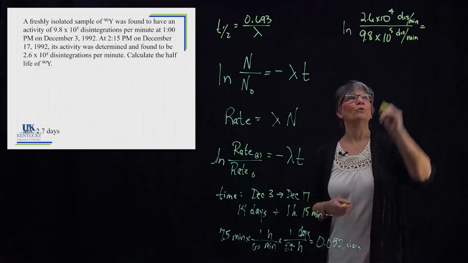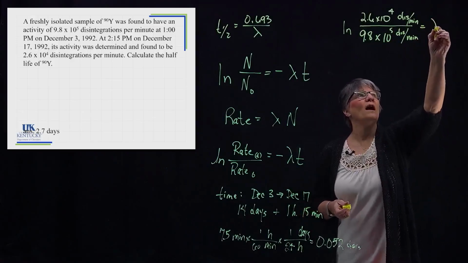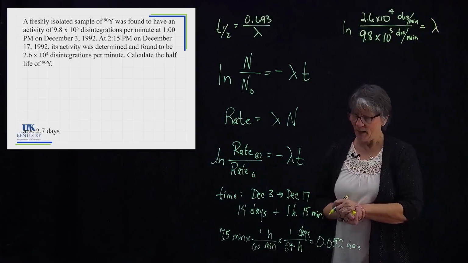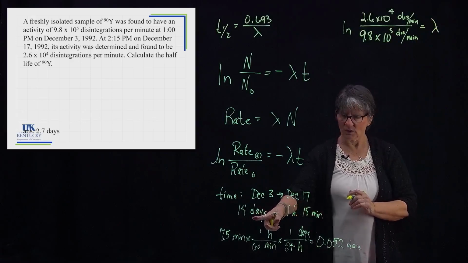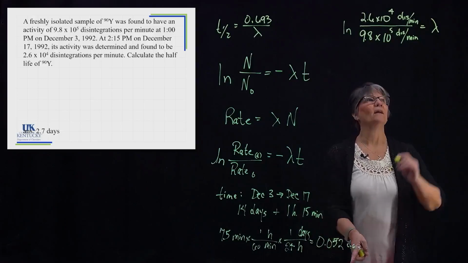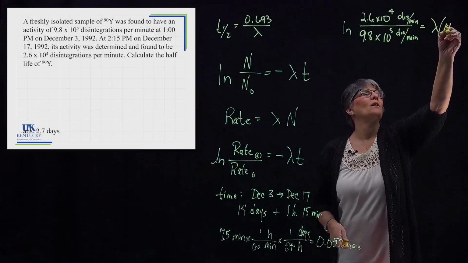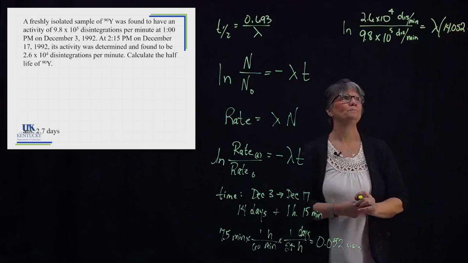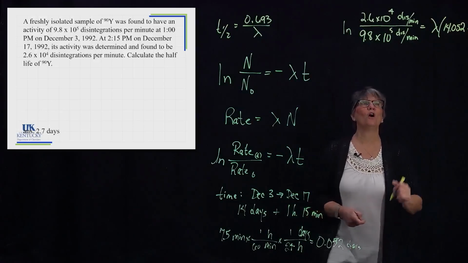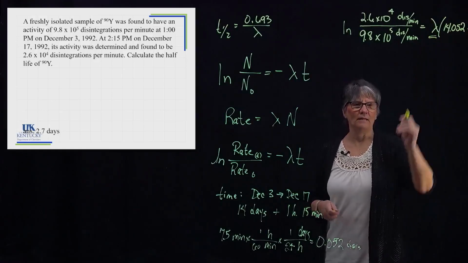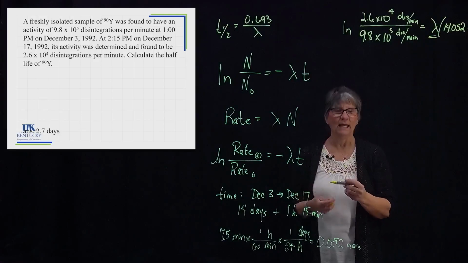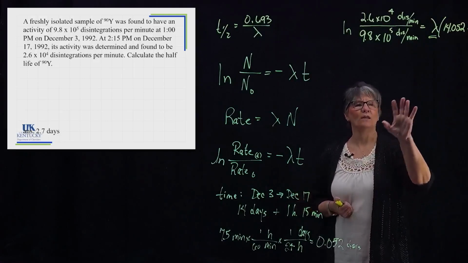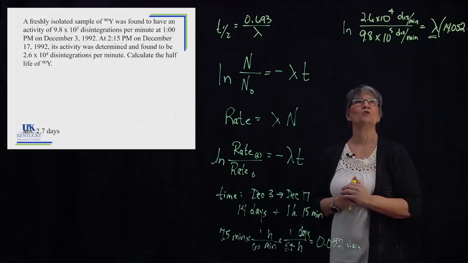And that is equal to what I'm trying to find, the constant, times my time. And my time was 14.052 days. So now I'm going to solve for my lambda. I'm going to talk you through what I did, and you just listen and see if it makes sense to you algebraically.